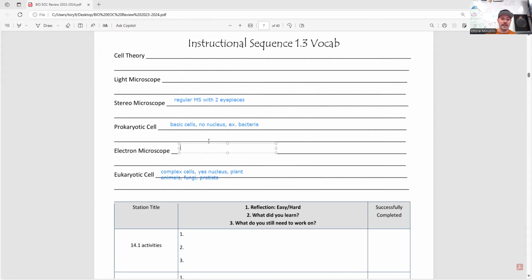And then an electron microscope, I think you've got this definition already too, but this is going to beam electrons onto the specimen instead of light.